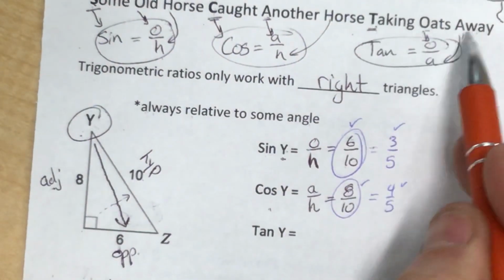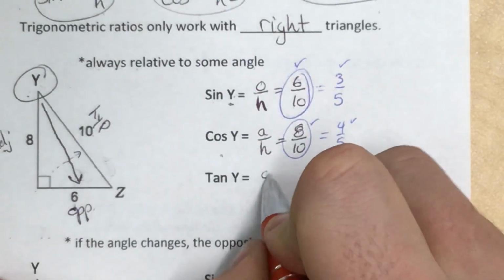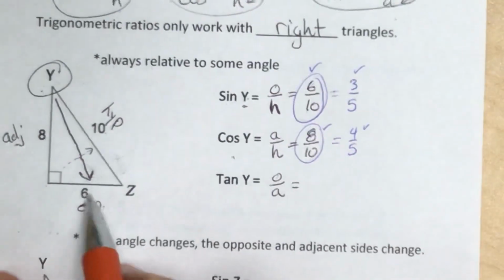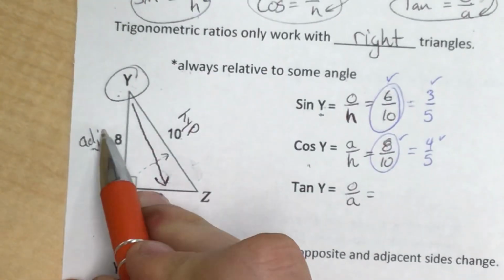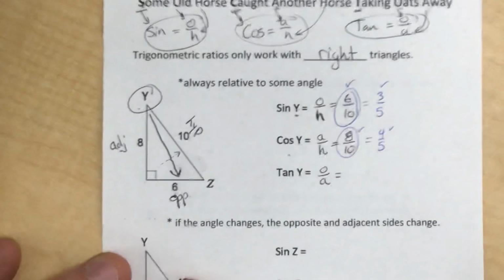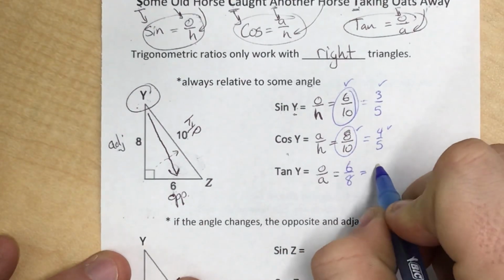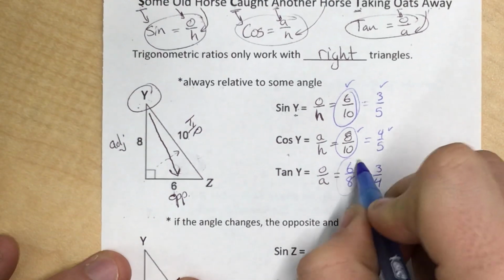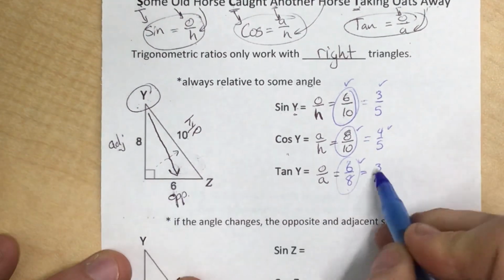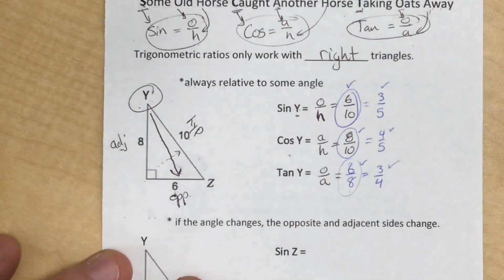Tangent, "taking oats away." Oats away is the opposite over the adjacent. In this one, the opposite is 6, the adjacent is 8. So 6 over 8 is our fraction, and that can reduce, again, to 3/4. So even though 6 over 8 has the side lengths, 3/4 is the reduced trig ratio for that angle y.